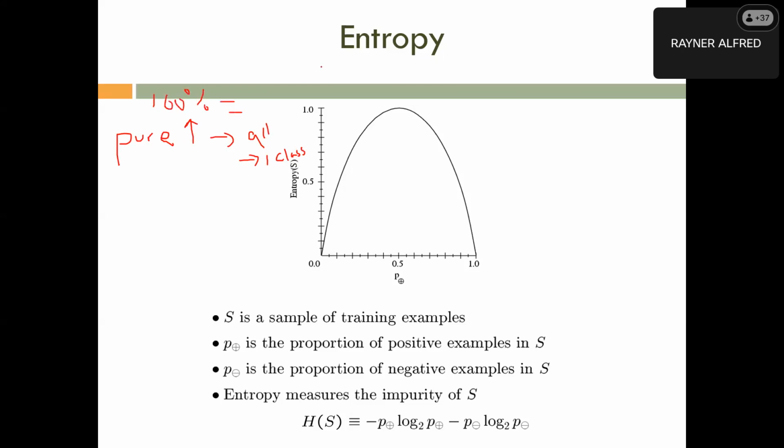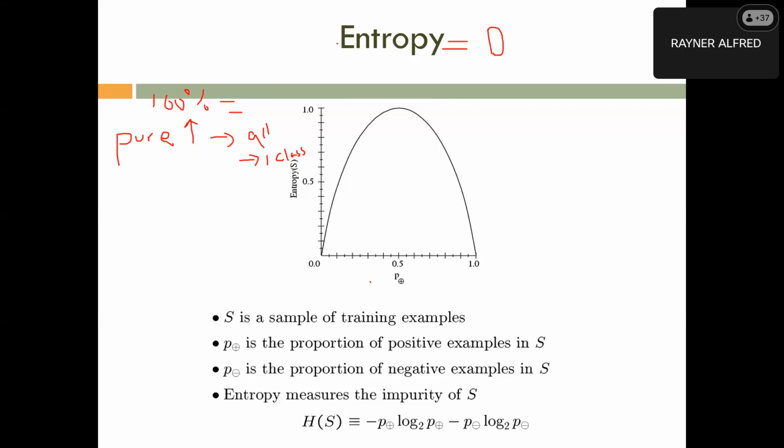Okay, but in terms of entropy, entropy will tell you how pure the partition is. So they say if the partition is pure, then the entropy will be 0. So when we say entropy is 0, meaning that all the members belong to one class.